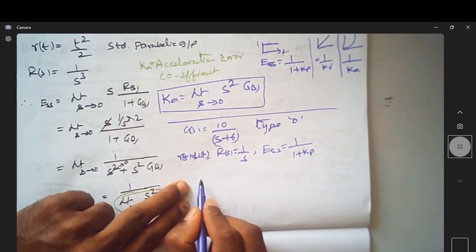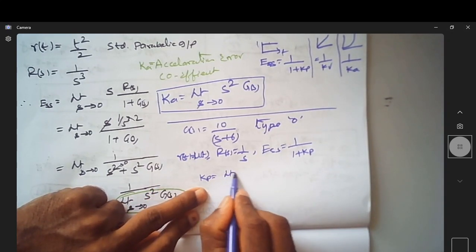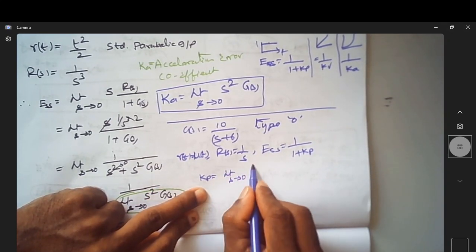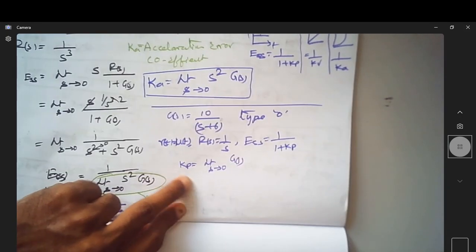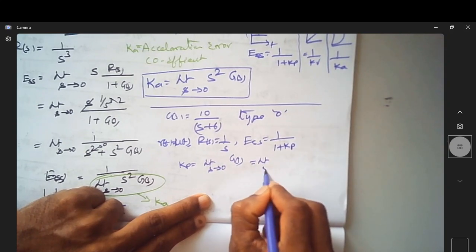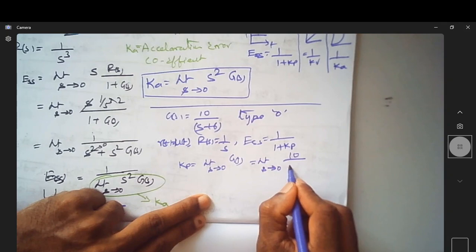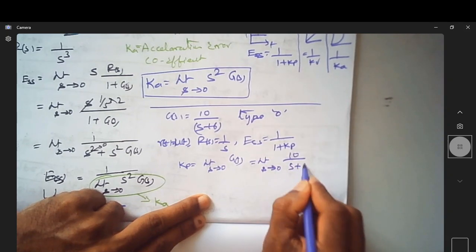What is KP? KP is equal to limit of s tending to 0 of GFS. In this case GFS is 10 by s plus 6, so it is limit of s tending to 0 of 10 by s plus 6.